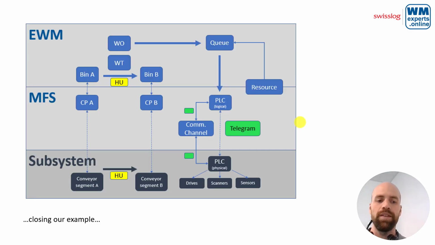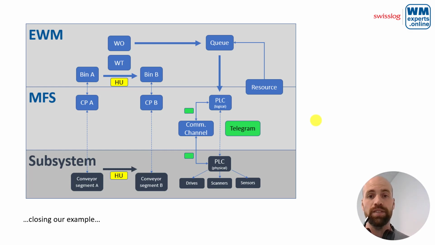Yeah, and that should be it as an introduction of the most important objects in EWM MFS, which are used to integrate EWM core with the MFS component and the MFS component with the physical subsystem.